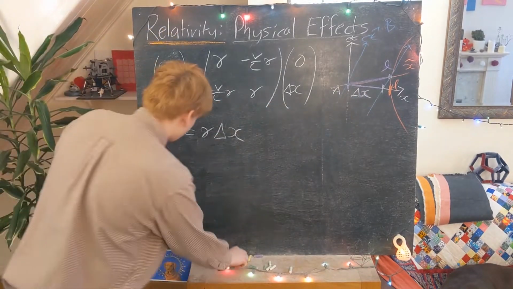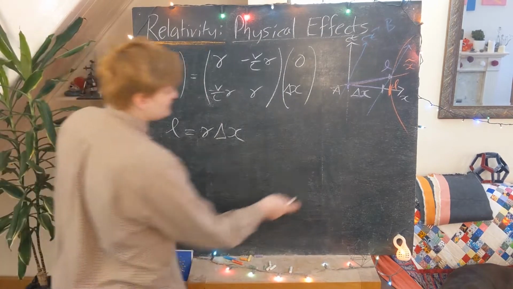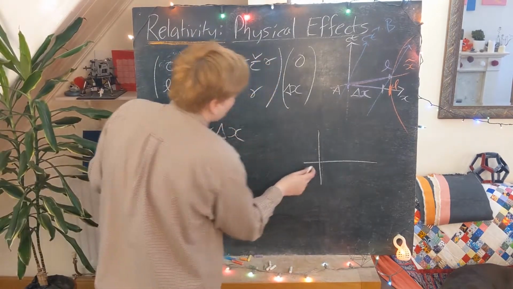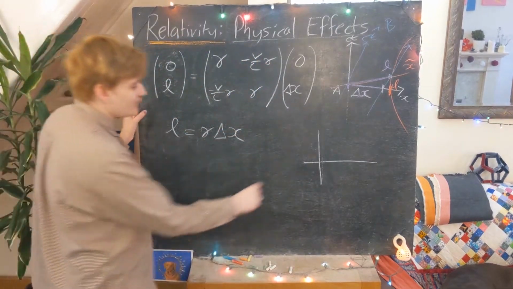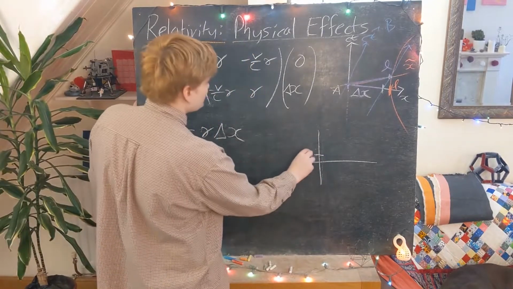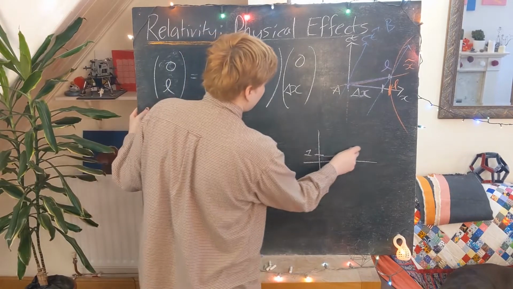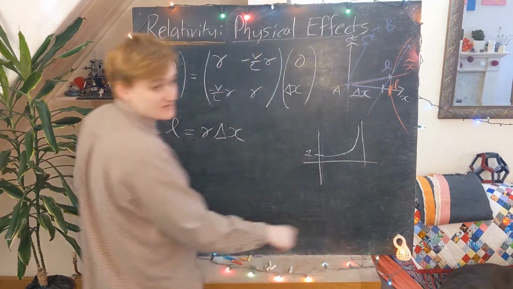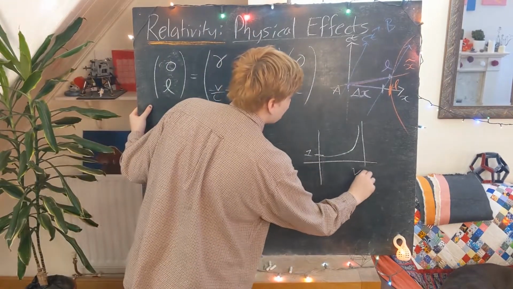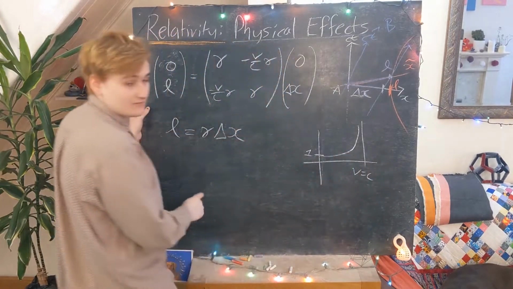And so now how we should understand this, well, first of all, it's convenient to remember that this gamma function starts at 1, and then as the velocity increases, it blows up as v approaches this value c.